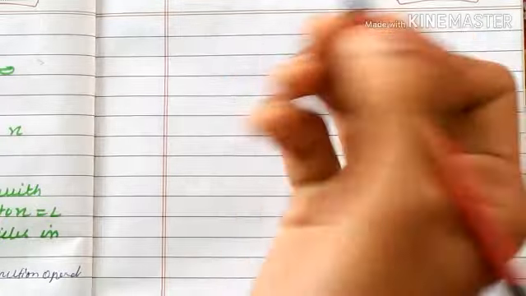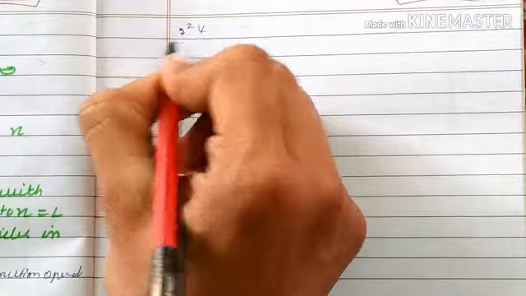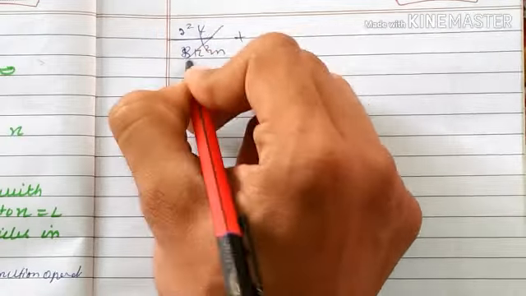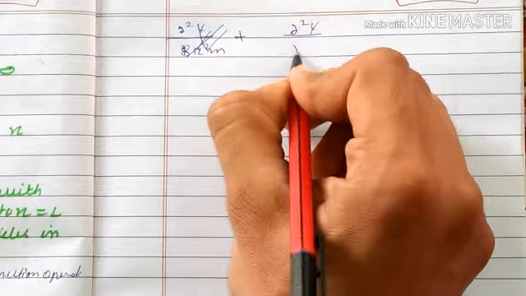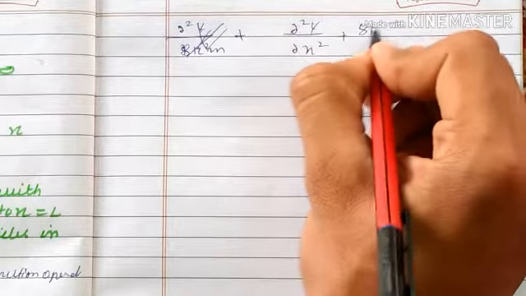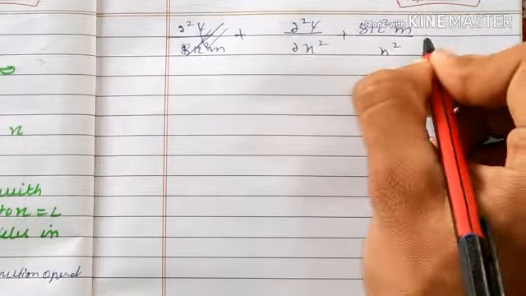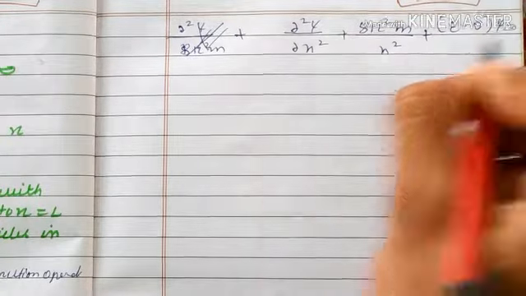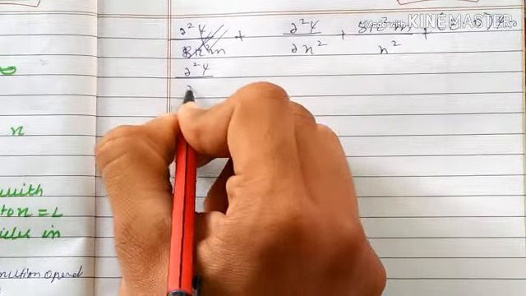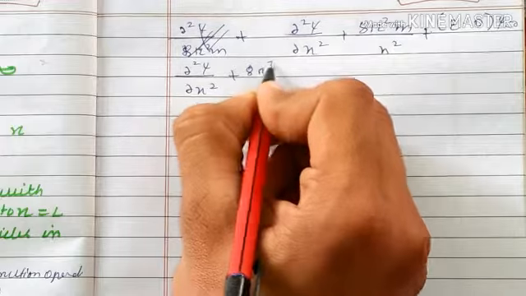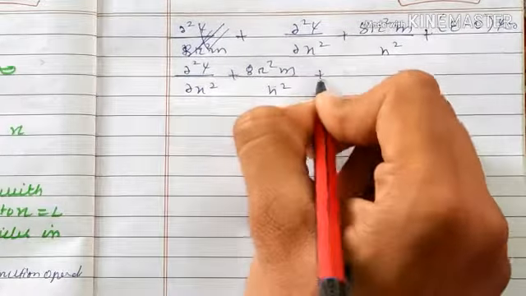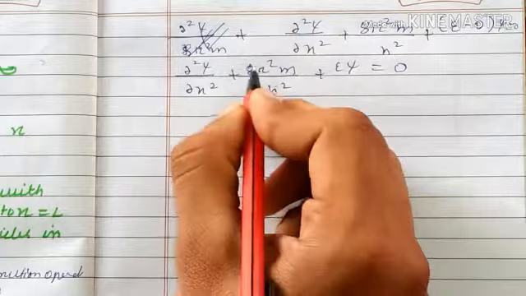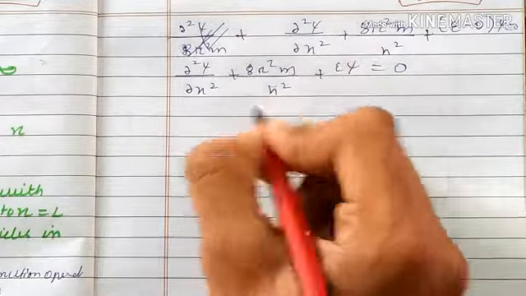So V is equal to 0, put in the Schrödinger wave equation: del square psi by del x square plus 8 pi square m upon h square (E minus 0) psi is equal to 0. Del square psi by del x square plus 8 pi square m upon h square E psi is equal to 0, and this value 8 pi square m E upon h square we replace by k square.